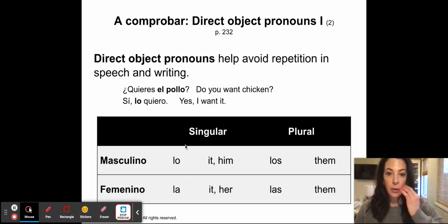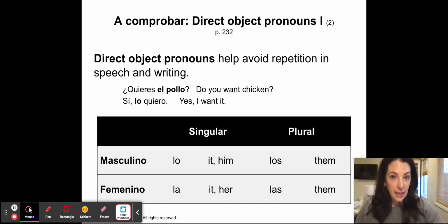All right. So, again, these are the direct object pronouns that are referring to people. So it can be lo, la, to be it or him or her, los, las, them. Okay, so here's another example. ¿Quieres el pollo? So remember, we're using direct objects to avoid repetition.